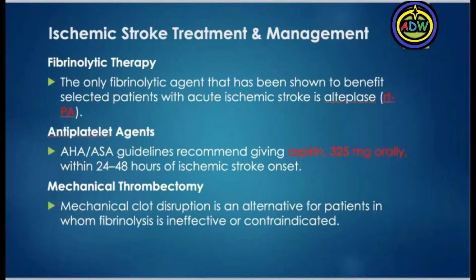Mechanical clot disruption is an alternative for those patients for whom fibrinolysis is ineffective or contraindicated, because there are a lot of categories of patients for whom thrombolytic therapy is contraindicated due to, for example, bleeding, age, or some other conditions. So there is mechanical clot removal, or mechanical thrombectomy.